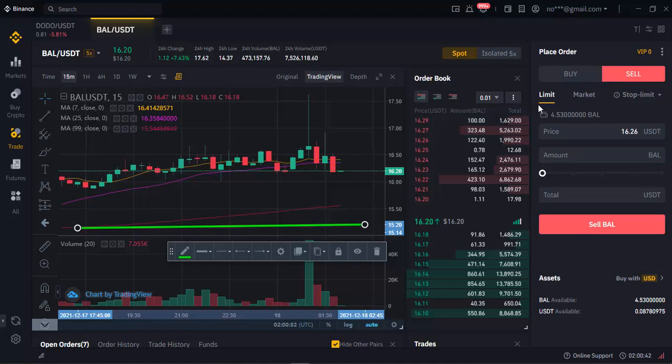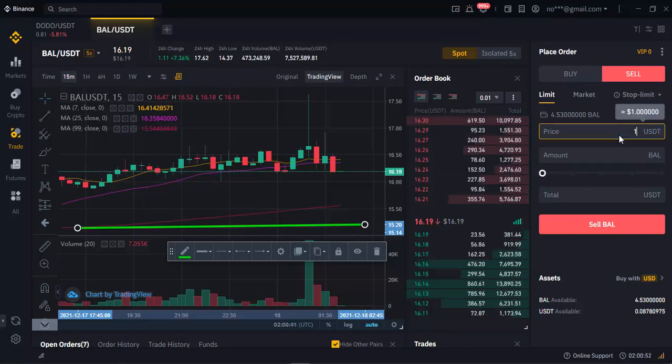Make sure you're on the limit tab. So we use the price of our choice. Let's say we want to wait for this trade. It can be within 1 hour, 1 to 24 hours, or a few days. It will reach $15 and it gets sold.